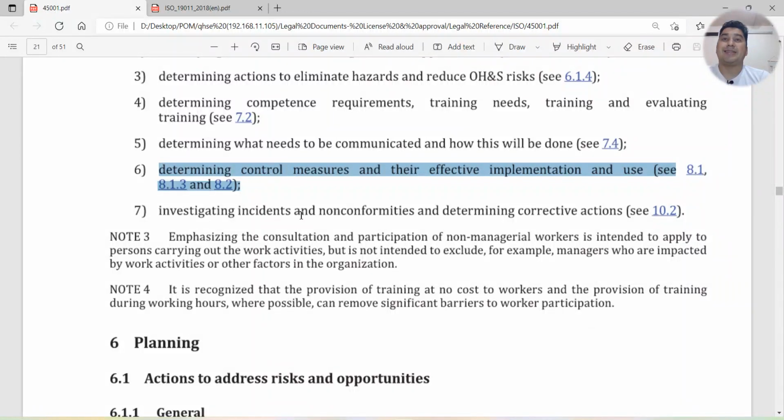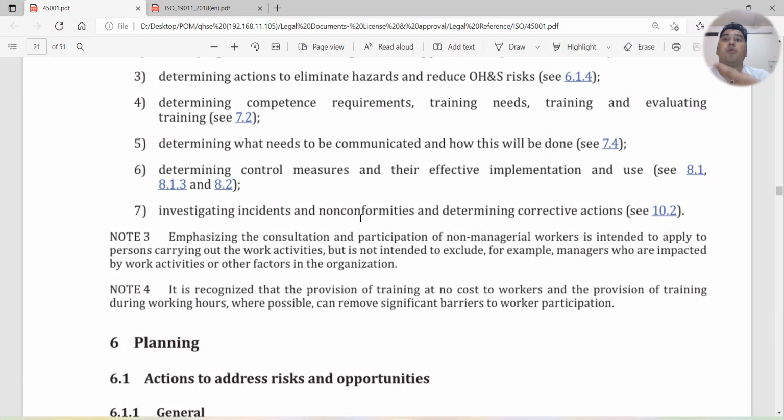Then we have investigating accidents and non-conformities and determining corrective actions. See clause number 10.2, it will tell you this one. When you are investigating accidents and non-conformities, you also have to make sure that you are involving the workers. And when you are determining the corrective actions, you have to take the views from the workers also.